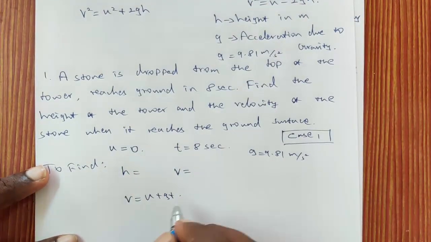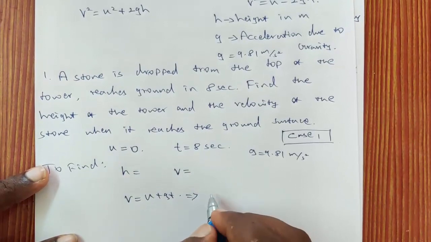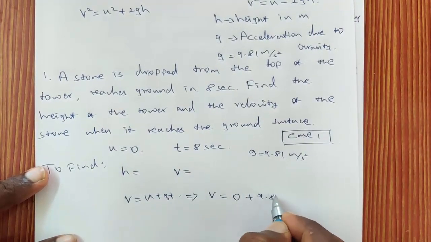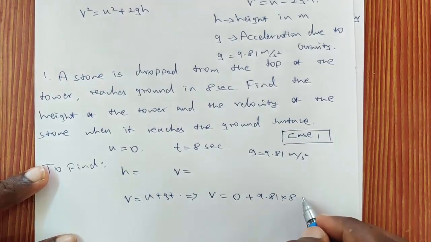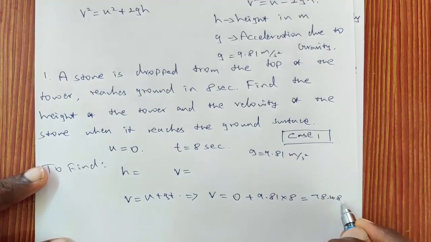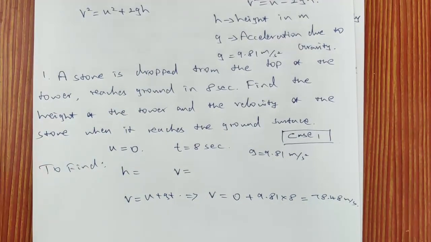So v is equal to 0 plus 9.81 into 8. If you solve this, you will get the velocity as 78.48 meter per second. Now we have calculated the final velocity.